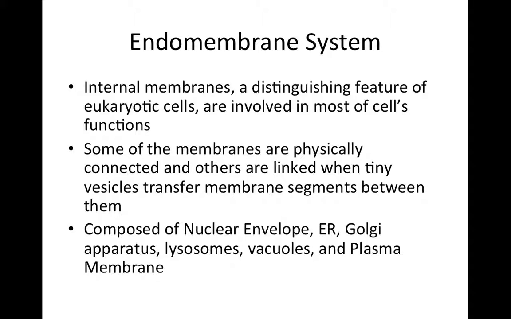Okay. The endomembrane system. So internal membranes, again, a distinguishing feature of eukaryotic cells that are involved in most of the cell's function. Some of the membranes are physically connected, and others are linked when tiny vesicles transfer membrane segments between them.